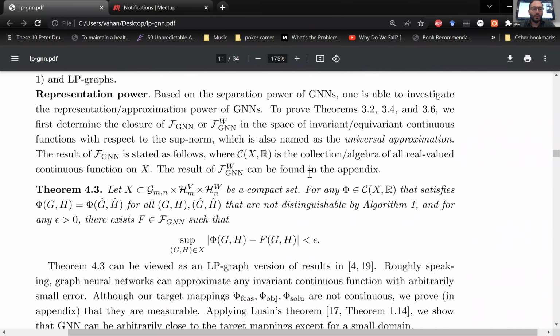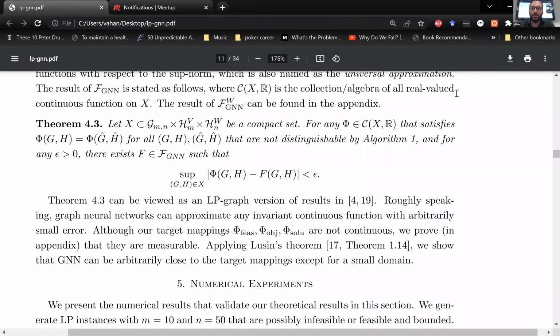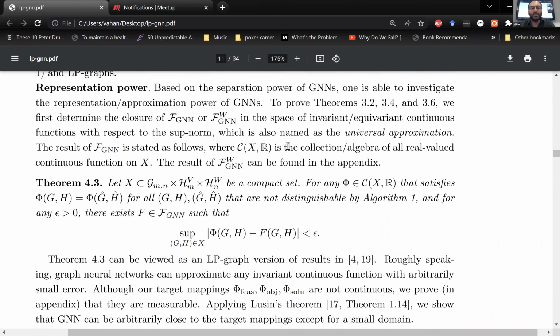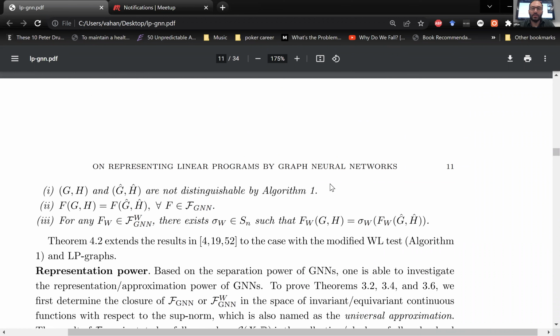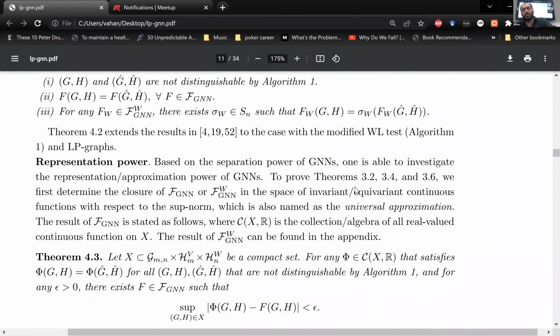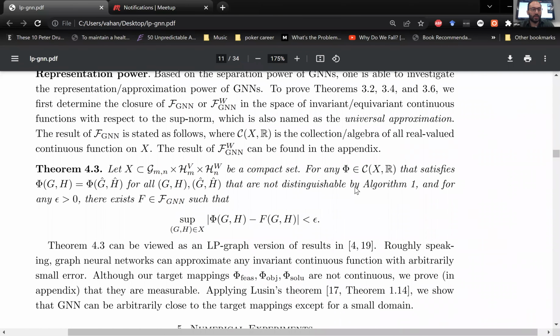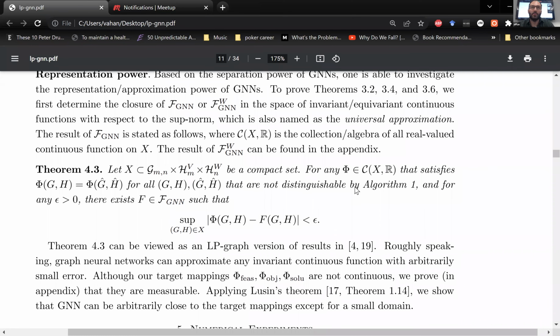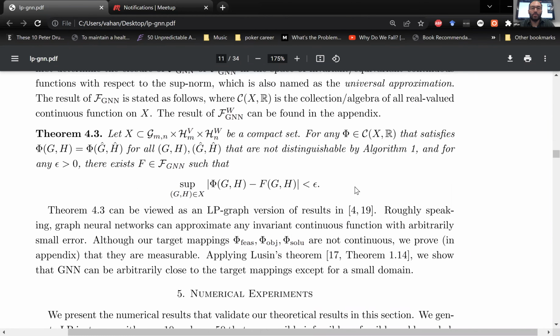Cool. They also prove results about the approximation. So that's the first result, right? The main thing is that this GNN can distinguish between different LPs and their different results meaningfully. On top of that, they can show that if the GNN can distinguish between the solutions, it can also find a good approximation.